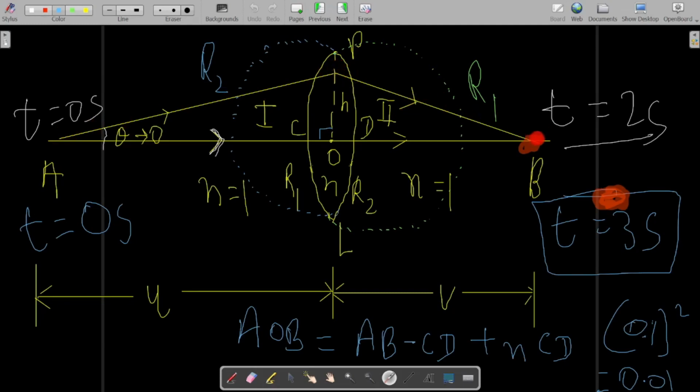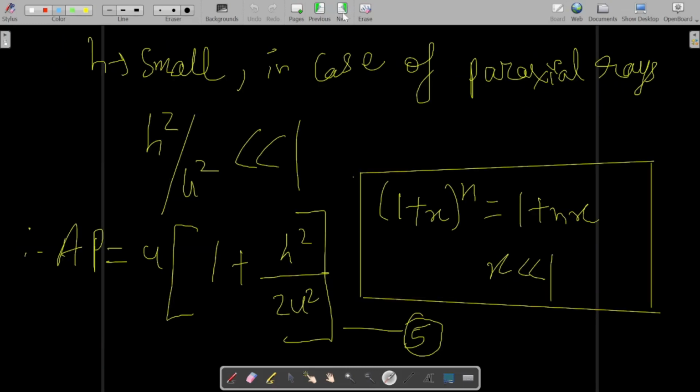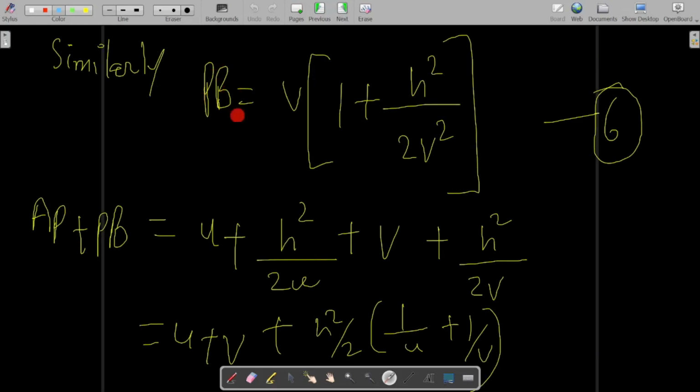All things are the same, only in the place of AP there is PB. So in the place of R1 there will be R2, because R2 corresponds to PB, and instead of u, which corresponds to AP, there will be v, which corresponds to PB. Those are the substitutions you make, and by the law of induction you will get the same thing. So without proving, we can write PB is equal to v into (1 plus h square by 2v square). This is your equation number 6.